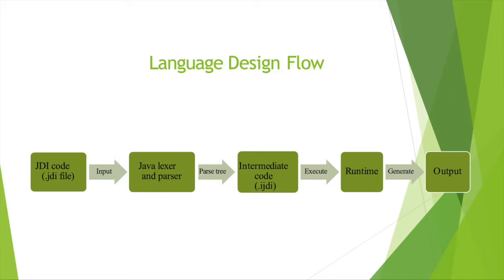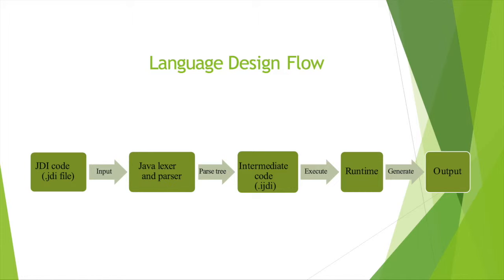The basic language design flow is: when a JDI code has been created, it is passed to the compiler, where the lexer tokenizes the code and creates tokens. These tokens are passed to the parser, which creates a parse tree, and this parse tree is then converted into the intermediate code of our language.